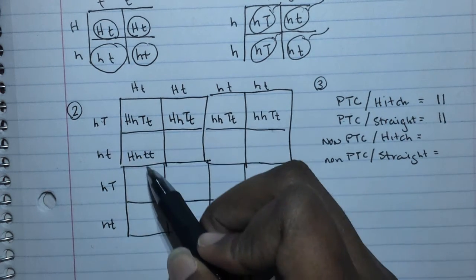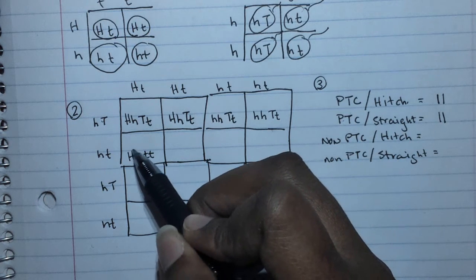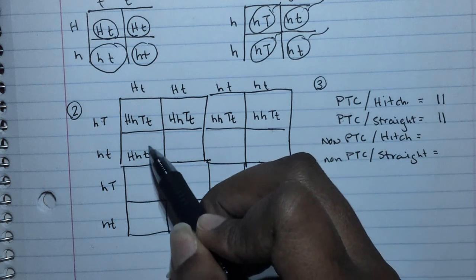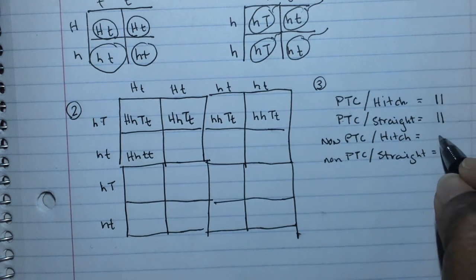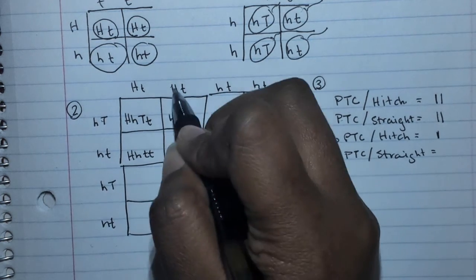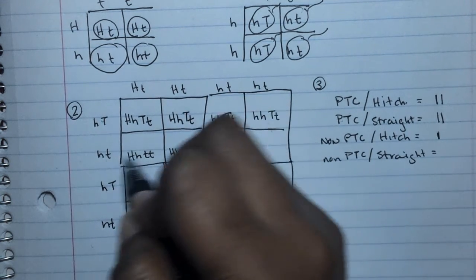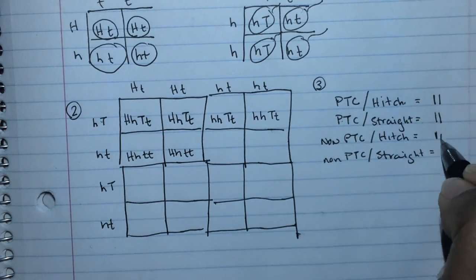So this is a little different. I've got a hitchhiker's thumb here, big H, but this is a non-PTC taster. So non-PTC hitchhiker. So that's over here. Big H, little t, little t. Again, that is the same.